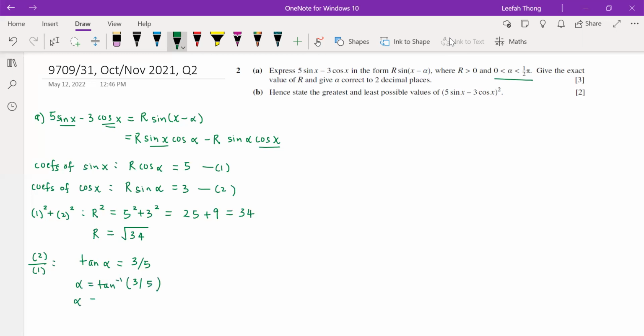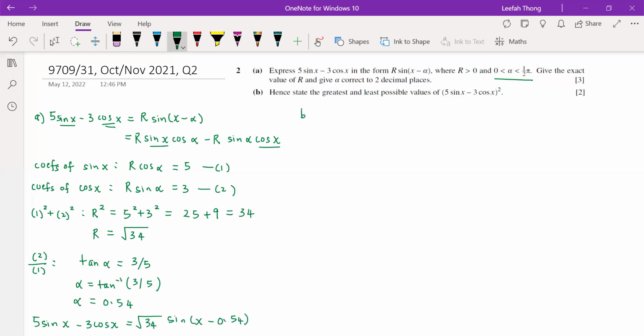We can find this value using the radian mode in the calculator, which is 0.54 to 2 decimal places. Then we say that 5 sine x minus 3 cos x is square root of 34 sine of (x minus 0.54).